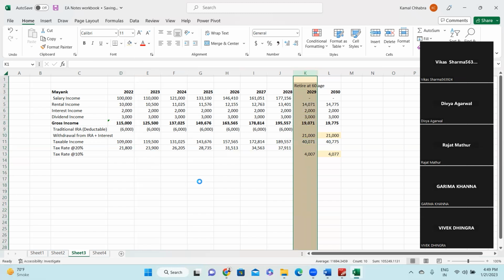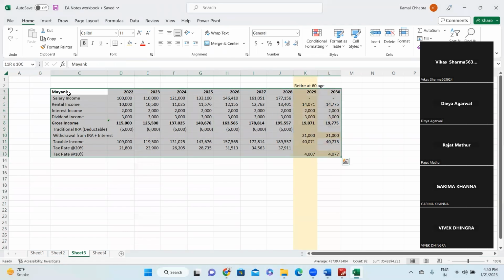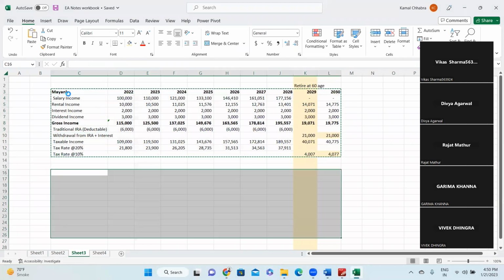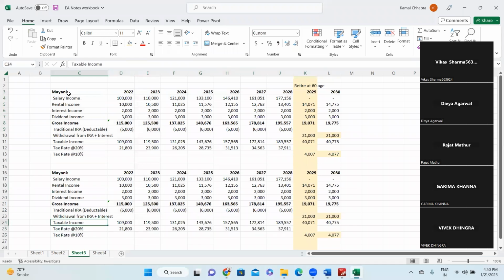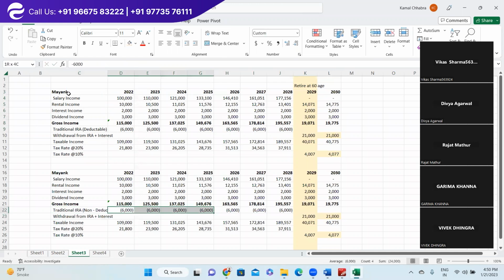Okay. So let's keep the same example in mind. If this is non-deductible, then there was nothing. It will be 0, so no itemized deduction.